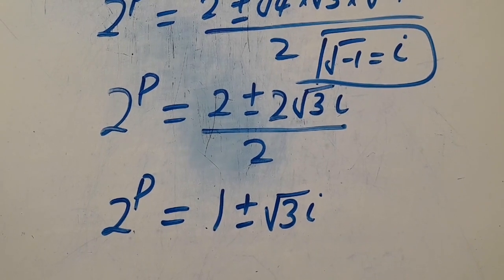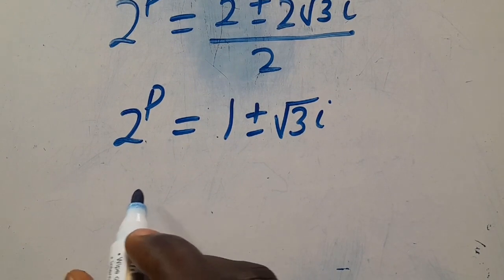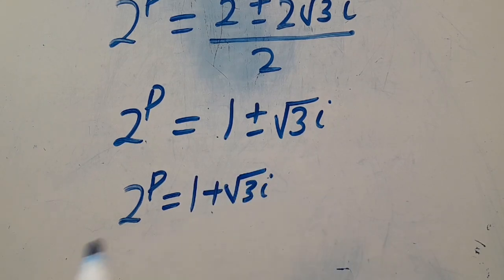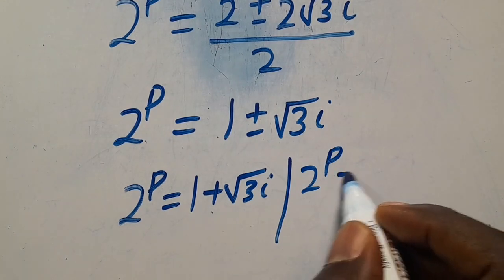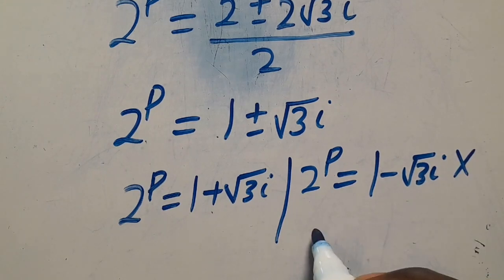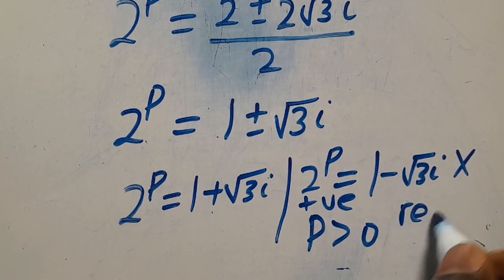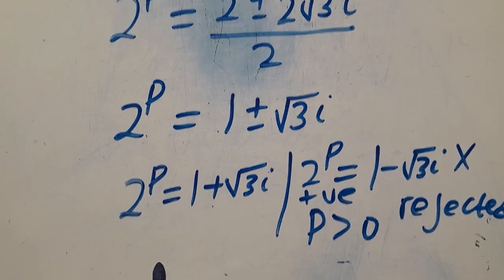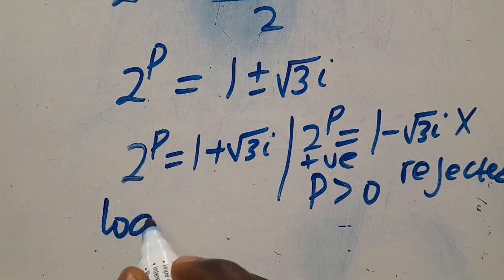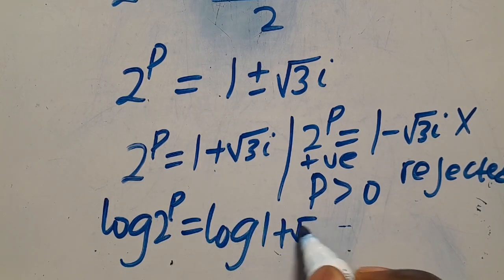Then from here, it is true that we have 2 to the power of p equals 1 plus root 3i as the first one, and 2 to the power of p equals 1 minus root 3i. So we reject this one, because for p greater than 0, here will be positive and here is negative. But if we go along with this one, we can solve it. We have log of 2 to the power of p equals log of 1 plus root 3i.